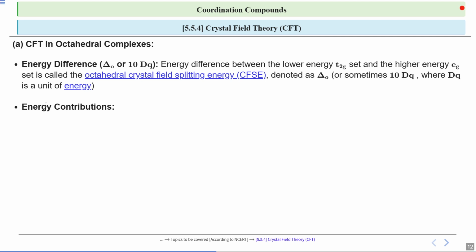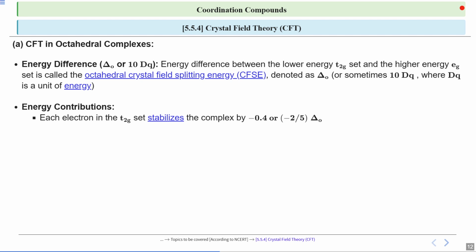So how is the energy contribution going to work? Each electron filled in the T2G set, which has three different orbitals, dxy, dxz and dyz, stabilizes the complex by minus 0.4 or minus 2 by 5 delta naught amount of energy.